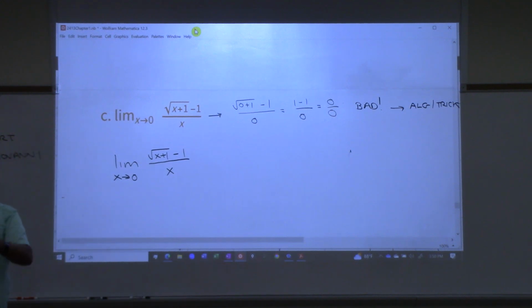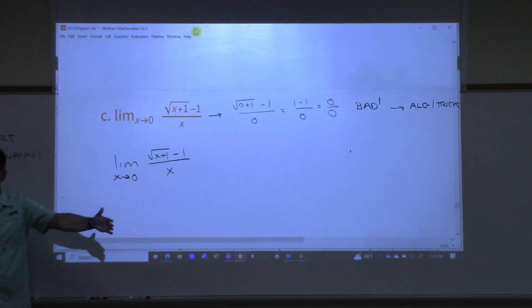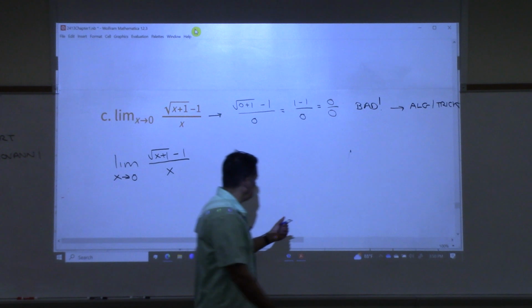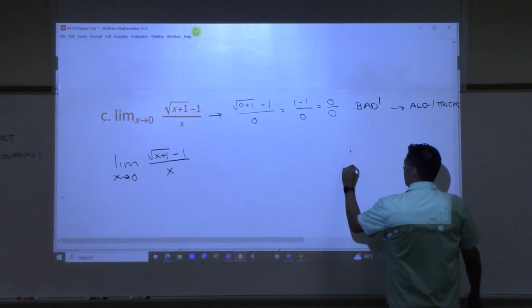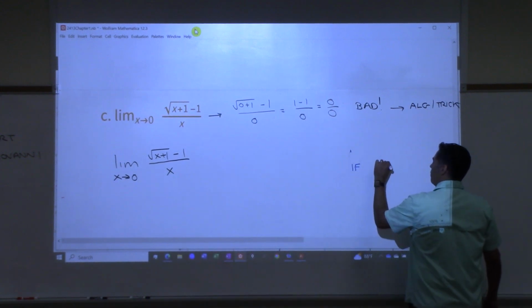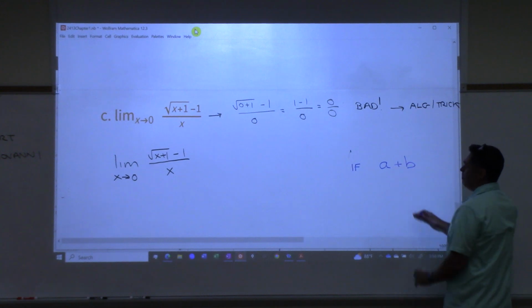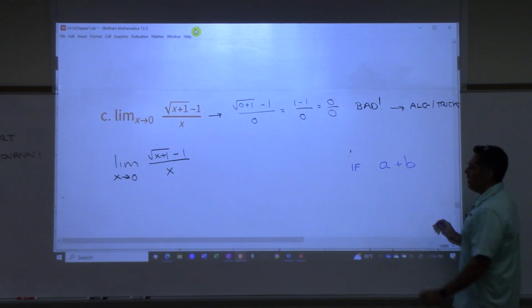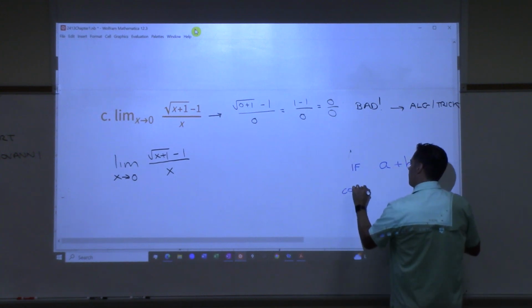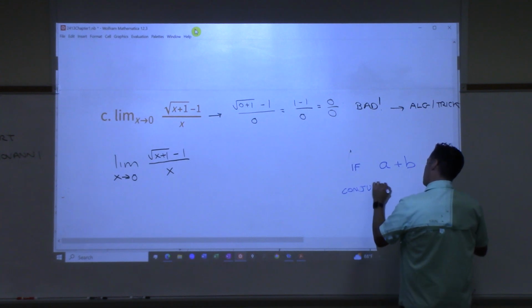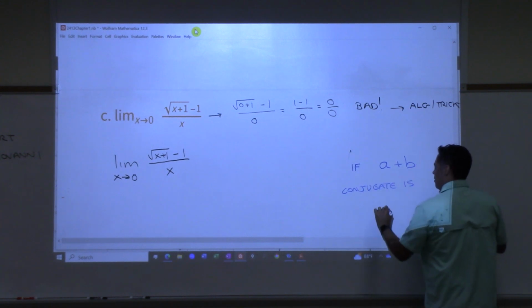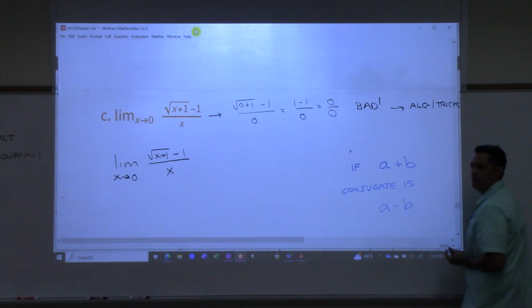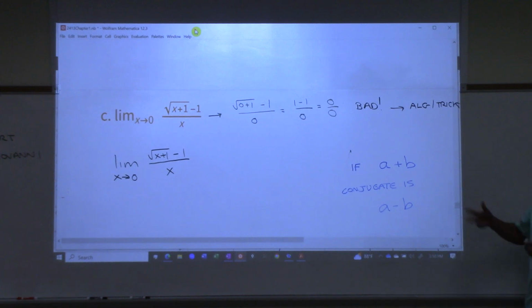Now, it may have been a while since you've dealt with conjugates, so I'm just going to quickly show you what a conjugate is. Let's say somebody gives you two things being added together. Then the conjugate is just those two things being subtracted. And it works the other way around.